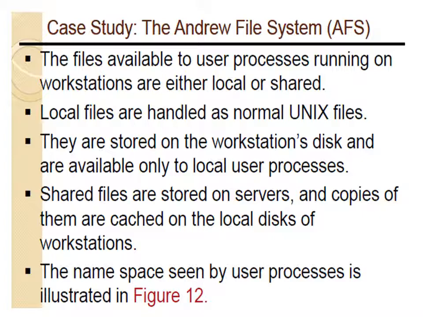They are stored on the workstation's disk, that is the hard disk, and are available only to local user processes. Coming to shared files, the shared files are stored on servers, and copies of them are cached on the local disks of workstations.